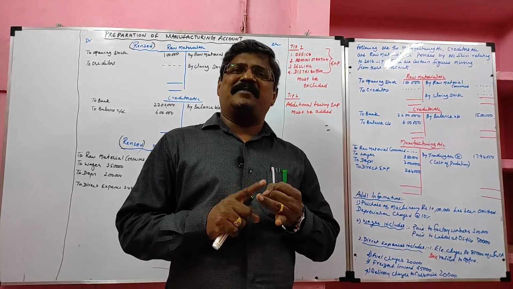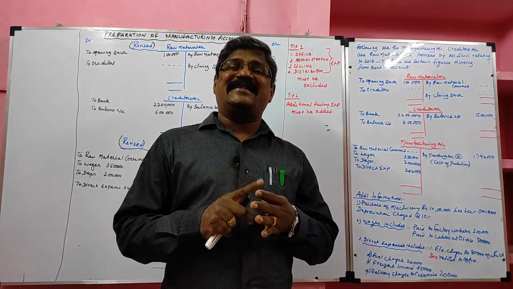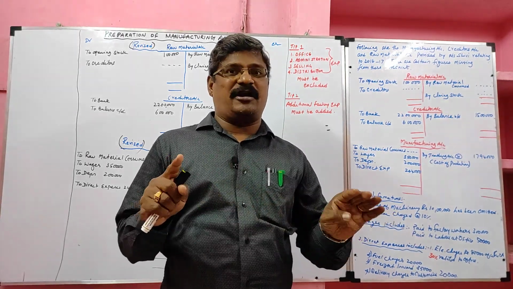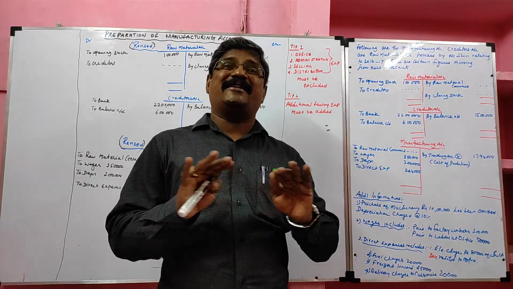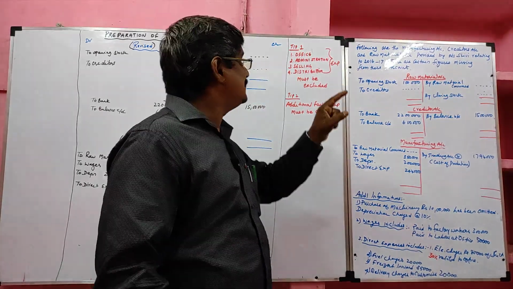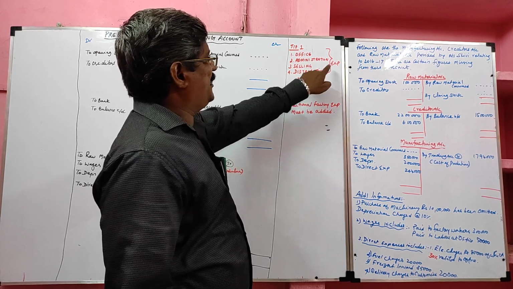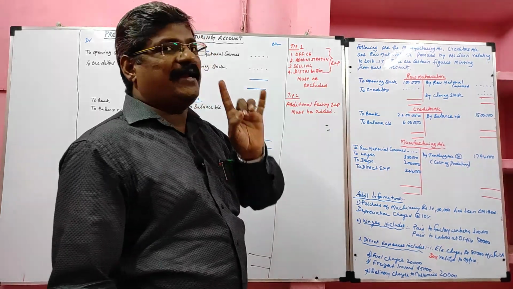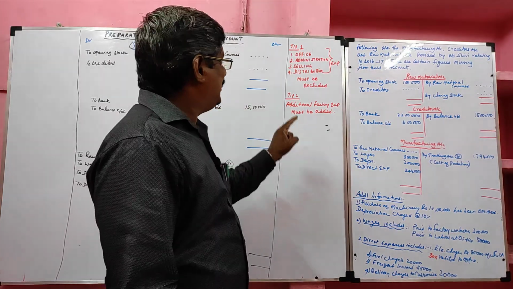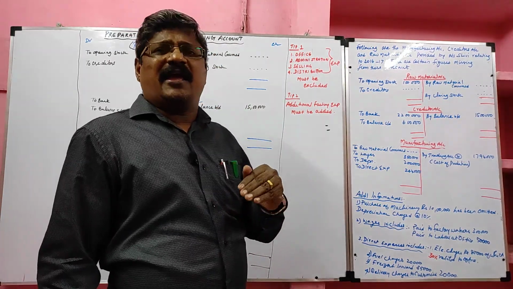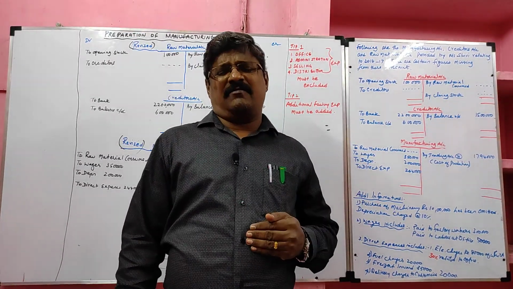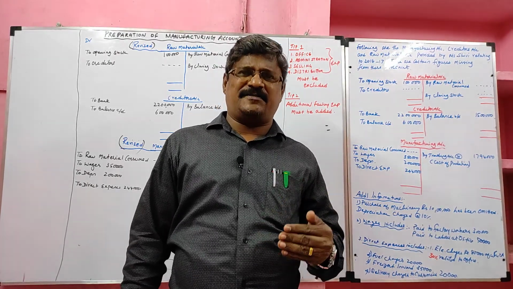Office, administration, selling and distribution expenses should not be recorded. If they are recorded, we should exclude them. Tip number two: if they incur additional factory or manufacturing expenses, we have to add them.